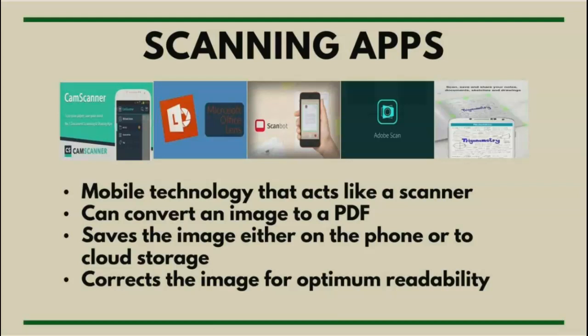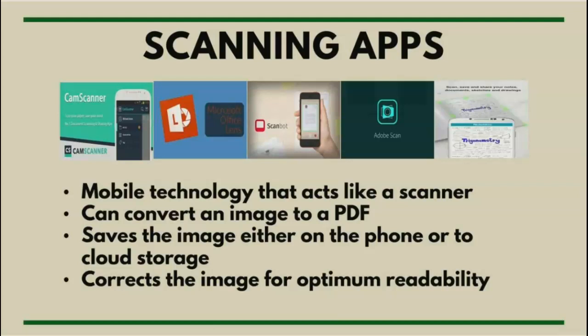Would you recommend one? Now this is the thing. I could say use this particular one or that one, but it very much depends on what you want to do. CamScanner is very good when it comes to image manipulation. You can change a very faint pencil drawing into a very sharp outline, and it's the same with handwriting.